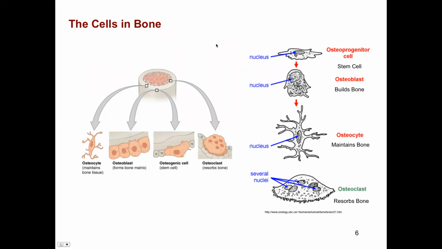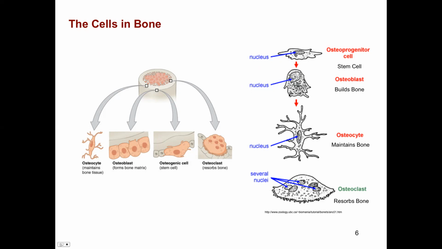And the next cell that stem cell becomes as it matures is an osteoblast, okay? Every time you see blast, that means something is being formed. Osteo or osseous means bone. So this is a bone building cell, the next stage from the osteoprogenitor cell.